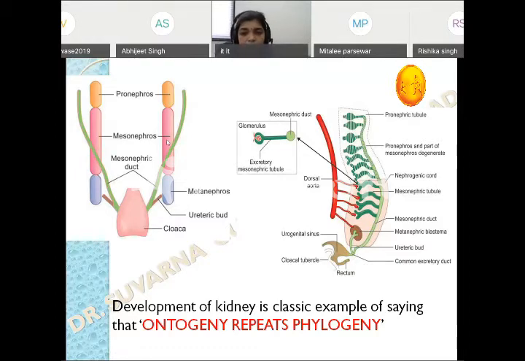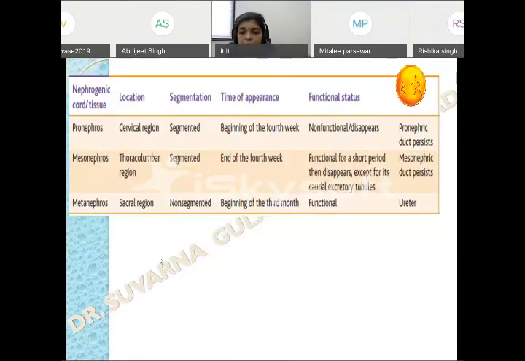Now, these three evolutionary stages are seen in sequence in the development of human kidneys. So this is the ideal and classical example of saying that ontogeny repeats the phylogeny, right? This saying is ideal for development of human kidney because all three stages you see during its development.